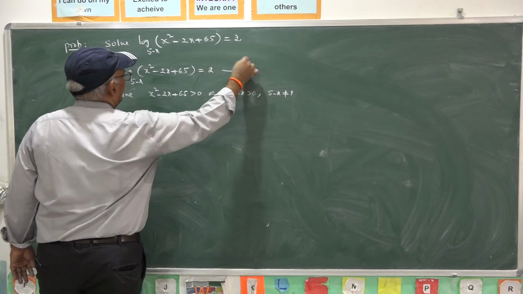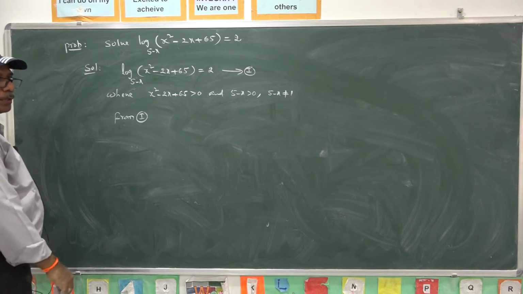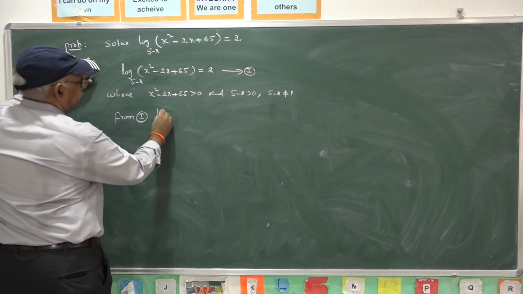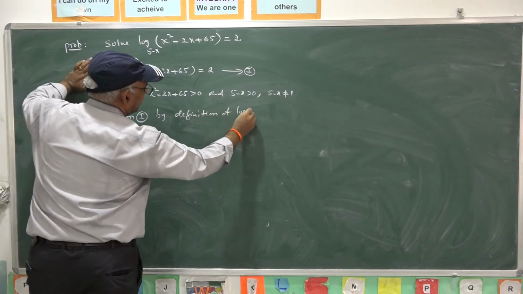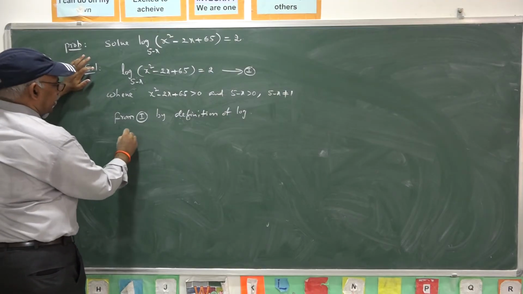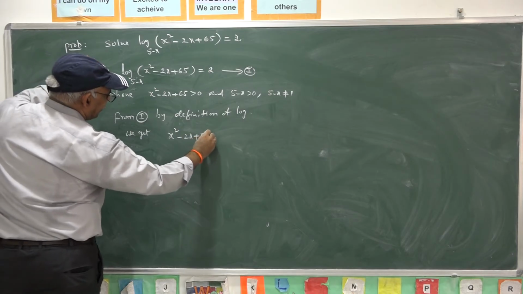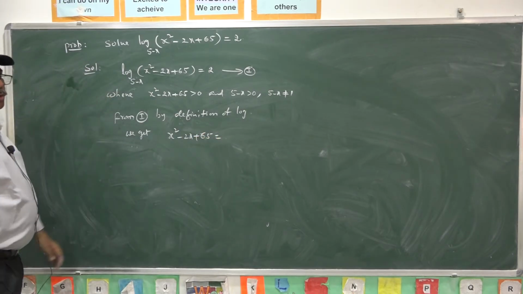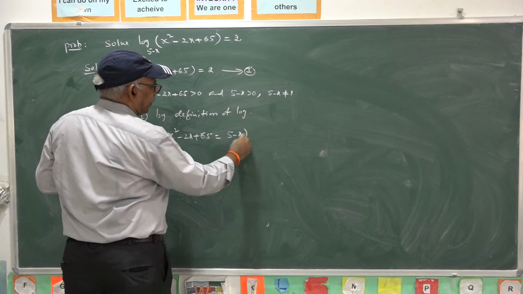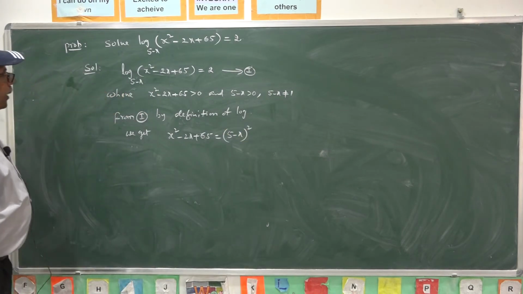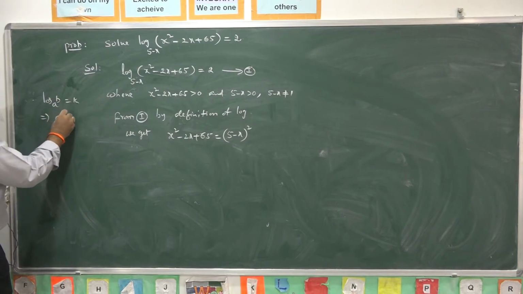Now from 1, by definition of logarithm, we get x square minus 2x plus 65 equal to 5 minus x whole square, because log b to the base a equal to k implies a power k equals b.